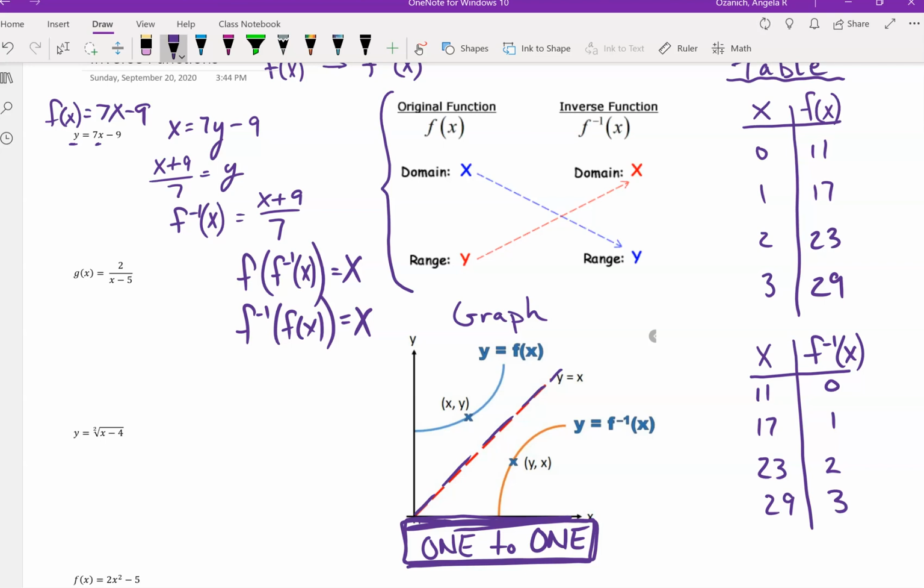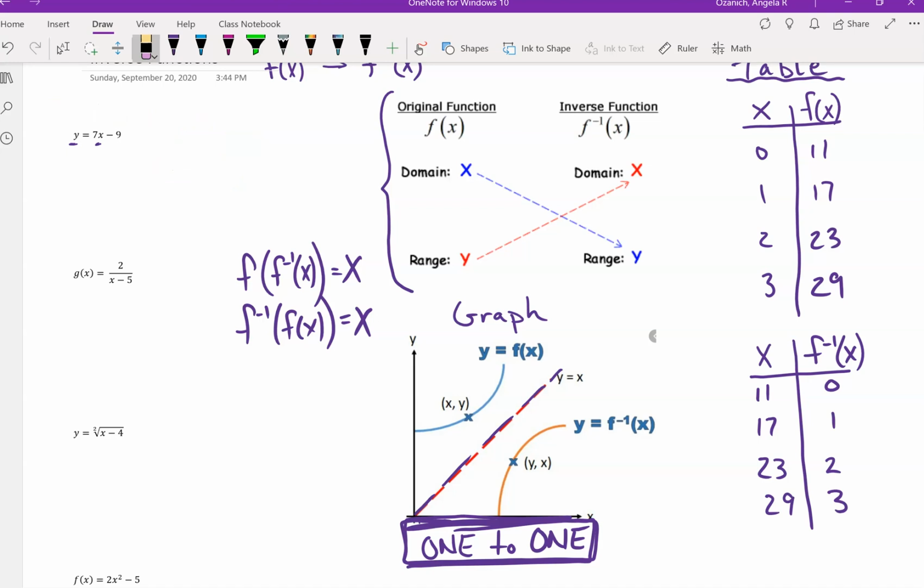Okay, so let's try another one. We kind of have a tight grouping on our work here, so I'm going to go ahead and write that down if you need to write that down, because we're going to pause for a second here and erase this work so we have a little more space for our next example.